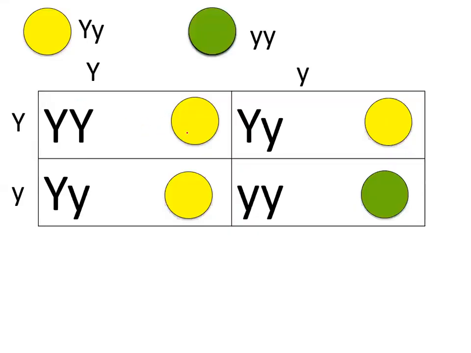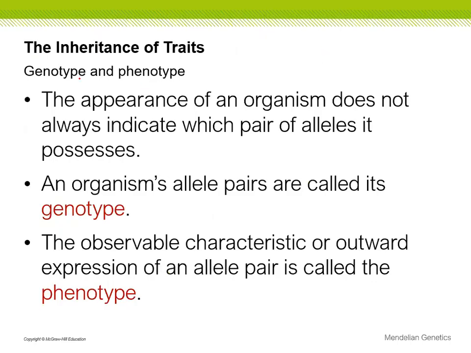So we've already established that these peas right here are yellow peas, but they carry that recessive gene. We know those are heterozygous, but there's a very clear difference between what something looks like and what its genes and alleles actually are. So we have something called genotype and phenotype to help explain those.